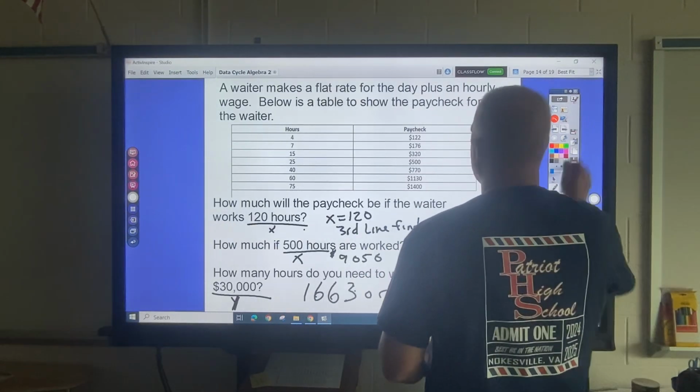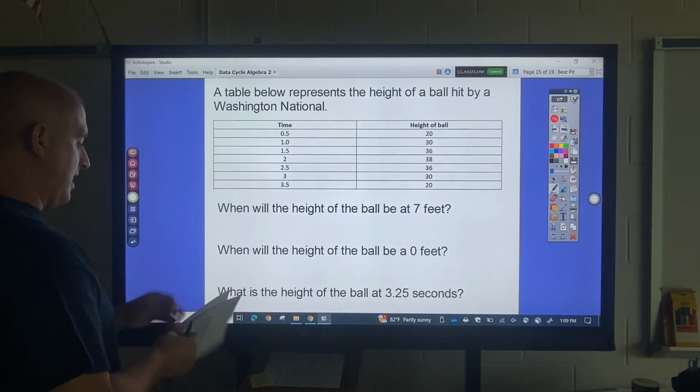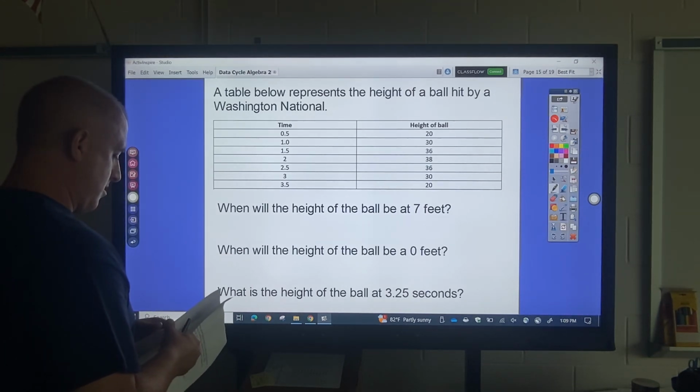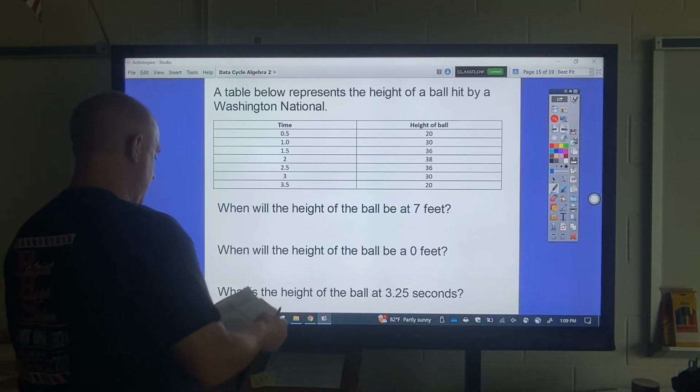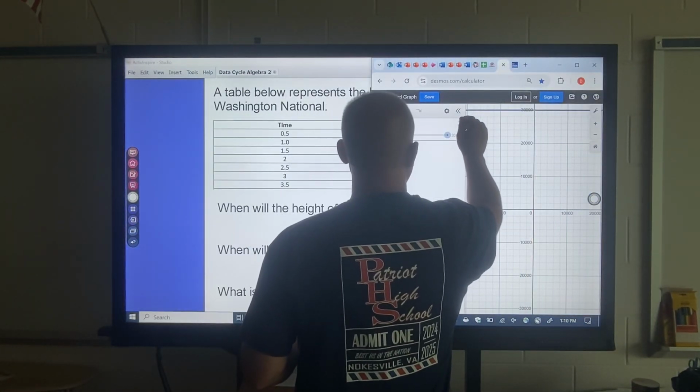Okay, let's do another one. When will the height of the ball be at 7 feet? I'm going to load the data. This is from the Nationals question.